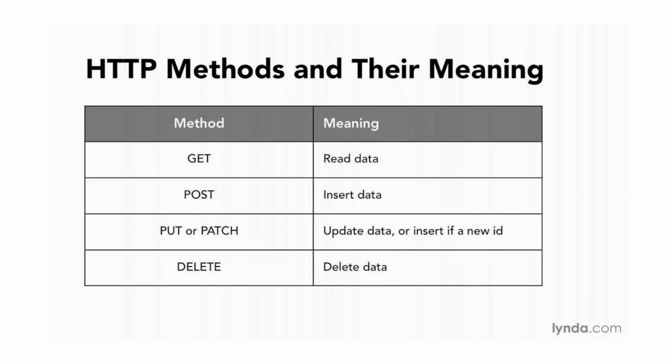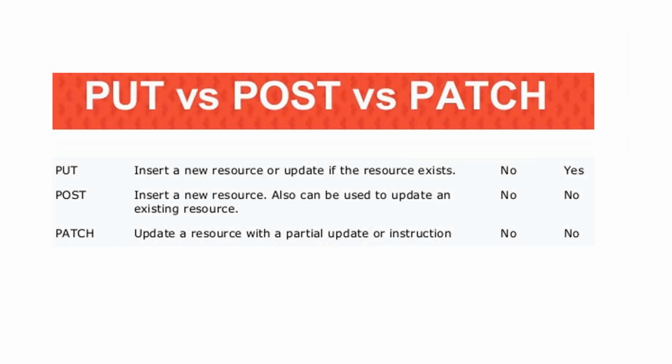Remember that these are the HTTP methods and their meanings. GET means read data, POST means insert data, PUT or PATCH means update data or insert if new IDs are there, and DELETE means delete data. Look at this from one more perspective: PUT versus POST versus PATCH. PUT means insert a new resource, or update if the resource exists.